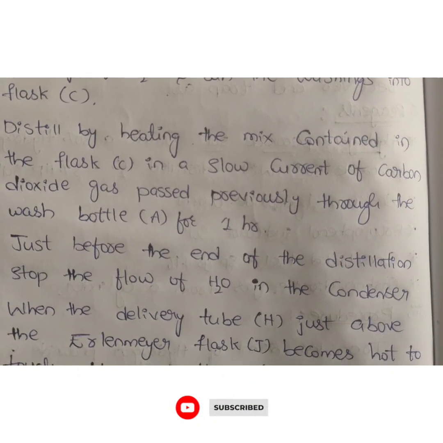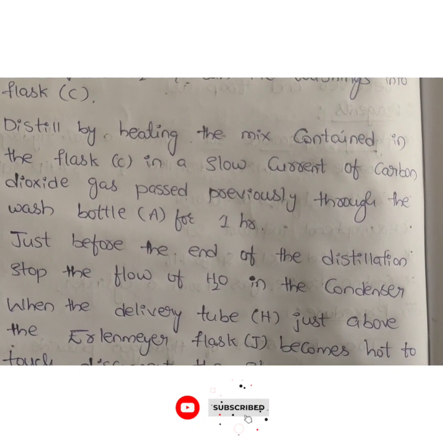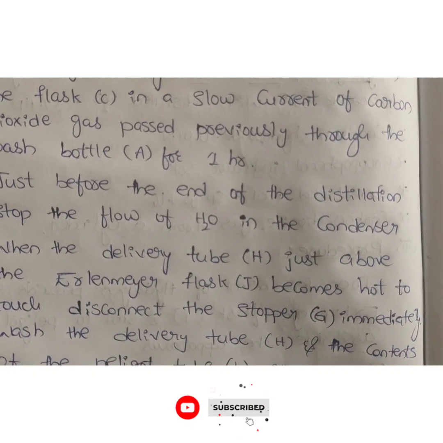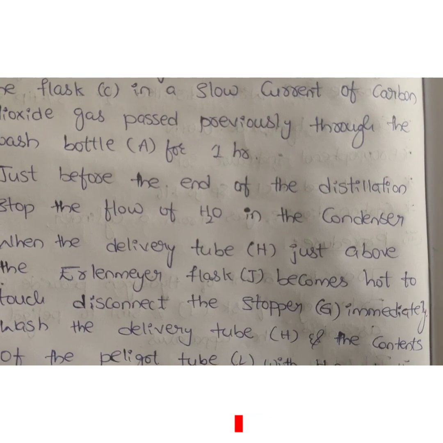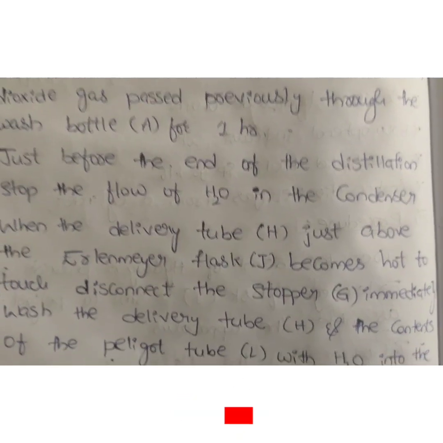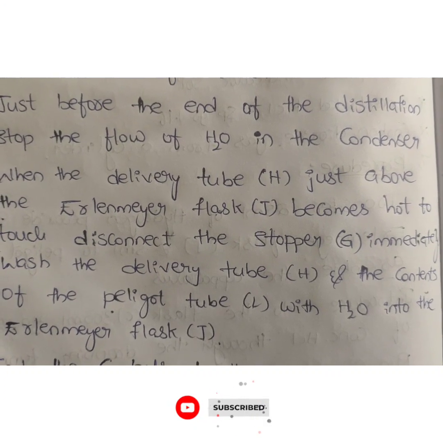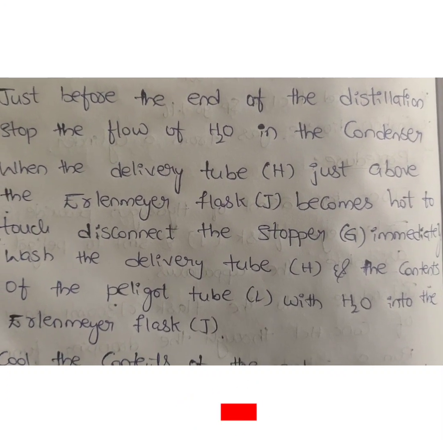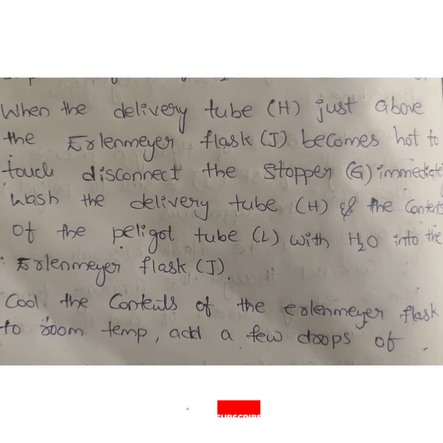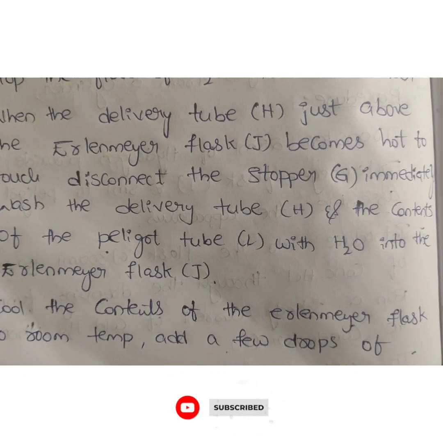Just before the end of the distillation, stop the flow of water in the condenser. When the delivery tube H just above the Erlenmeyer flask J becomes hot to touch, disconnect the stopper G. Immediately wash the delivery tube H and the contents of the Peligot tube L with water into the Erlenmeyer flask J. Cool the contents of the Erlenmeyer flask to room temperature.